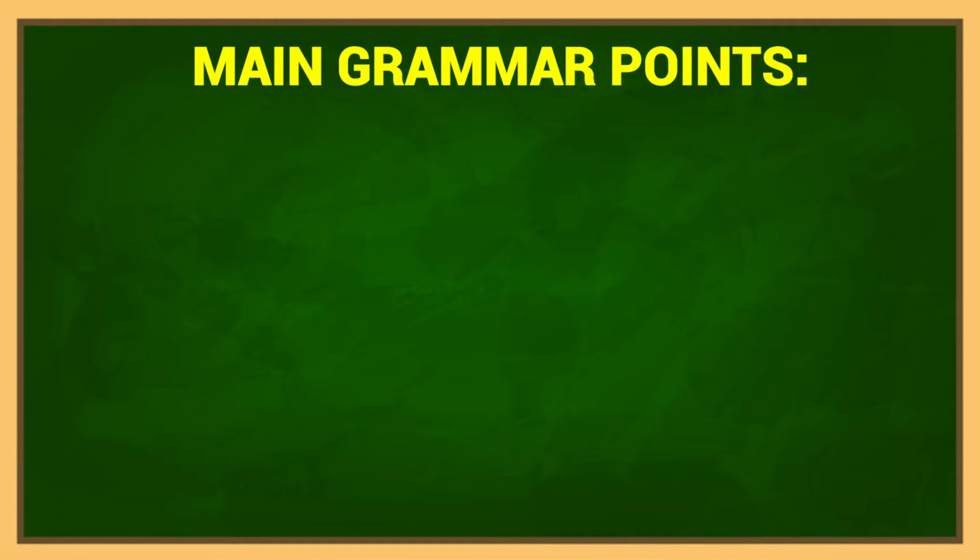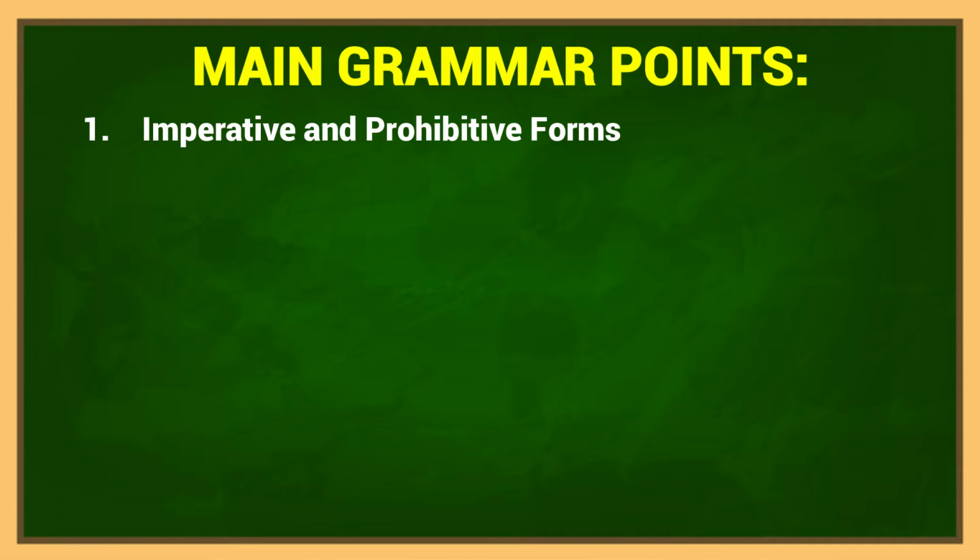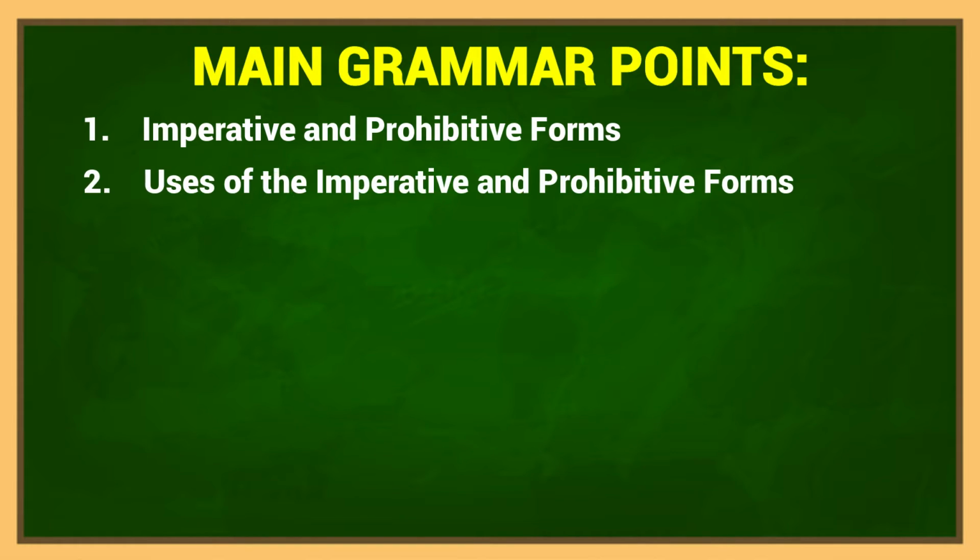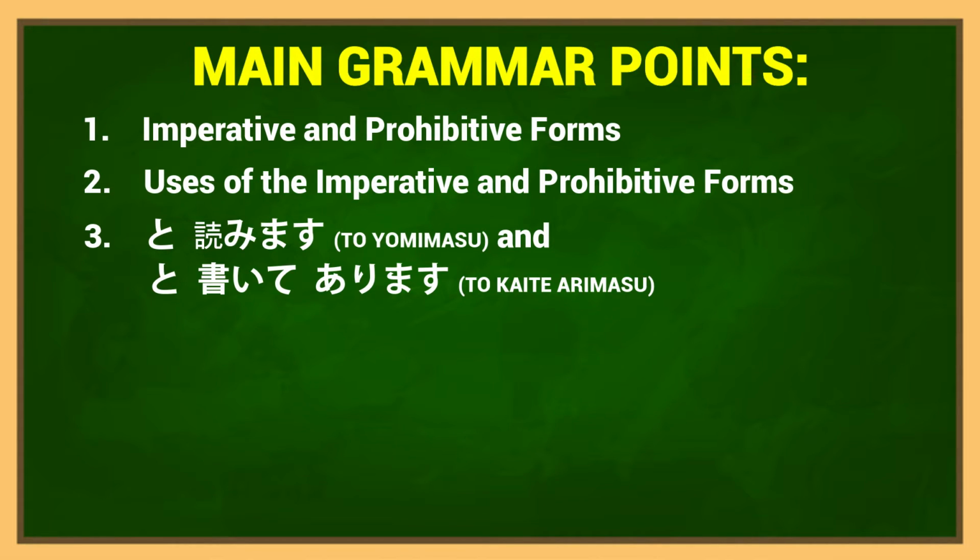Here are the grammar points that we will discuss today. First, imperative and prohibitive forms. Second, uses of the imperative and prohibitive forms. Third, to yomimasu and to kaite arimasu.